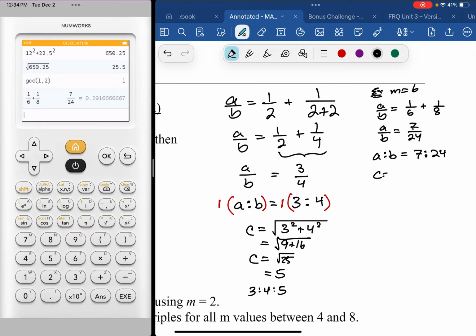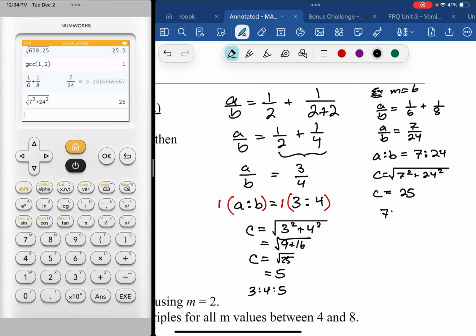So c would be equal to the square root of 7 squared plus 24 squared. So 49 plus 576. I'll just put the whole thing in. It gives you a result of 25. So 7 to 24 to 25 would be the basis of this system of triples.